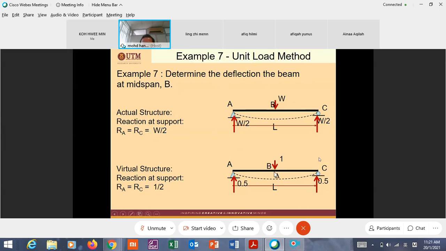And for the virtual structure, we apply a point load at point B, for which the question is asked. Due to 1 point load, the reactions are 0.5 and 0.5. Now what next?